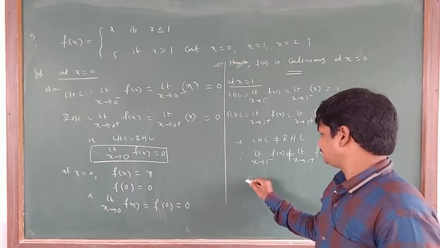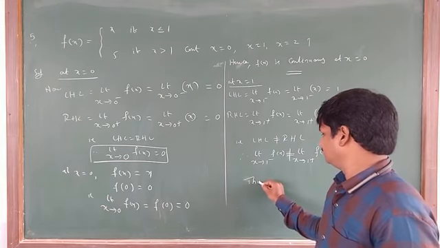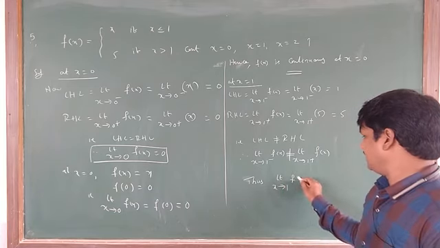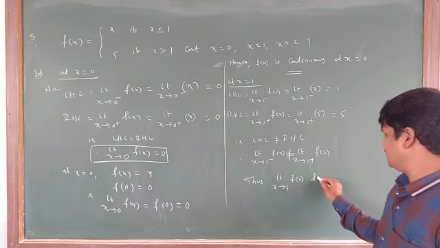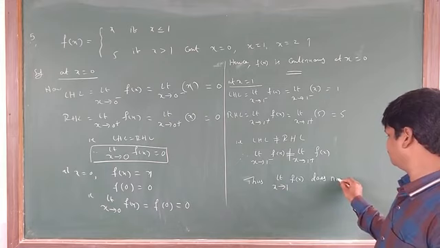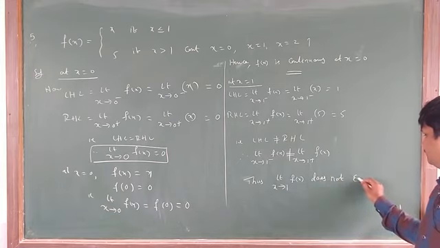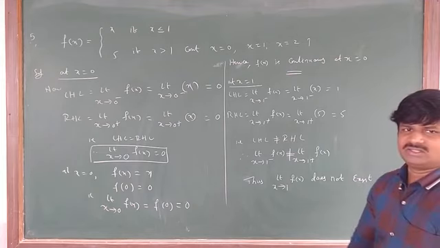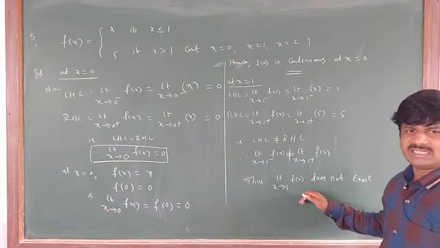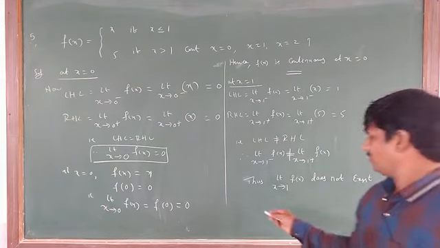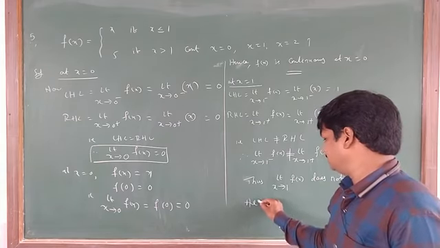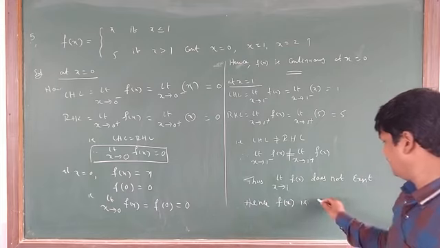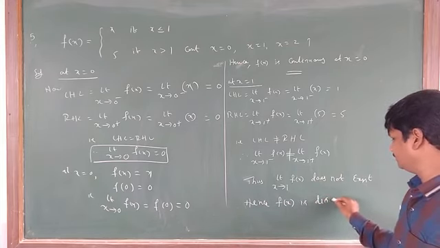Hence, limit as x tends to 1 of f of x does not exist. Whenever the limit does not exist, f of x is discontinuous.